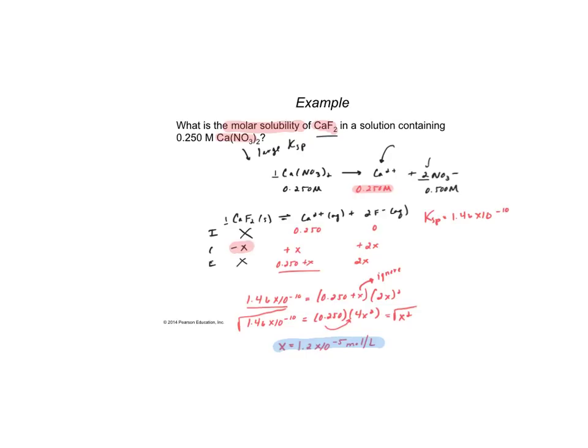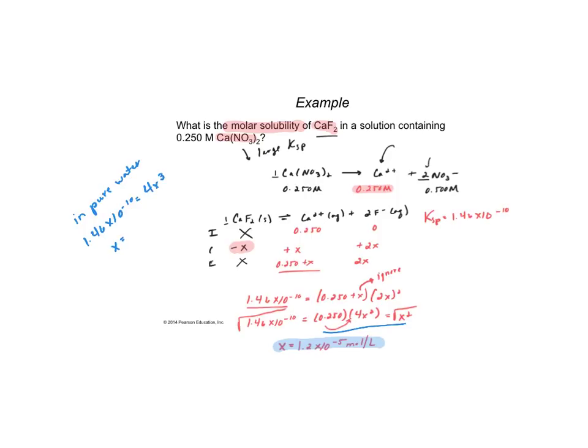So again, if we had compared that to just calcium fluoride by itself, so calcium fluoride in pure water, everything would have been the exact same. It would be the exact same KSP because that's a constant. But instead of all of this stuff, we would have just been left with 4x cubed.